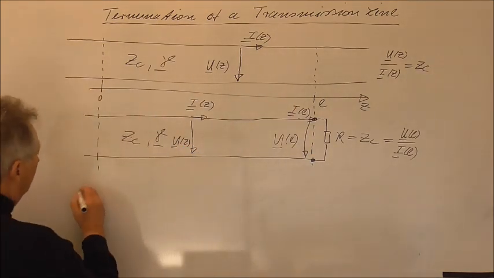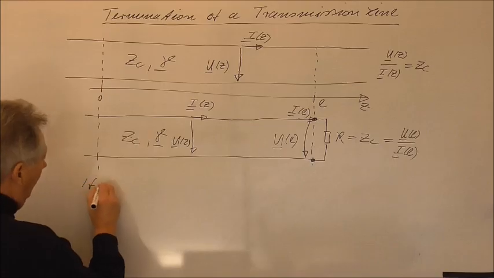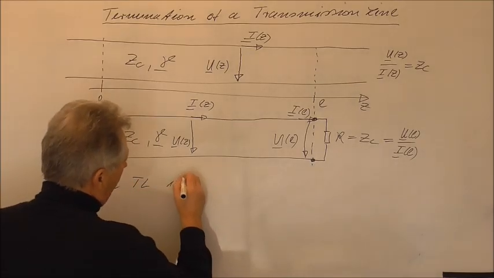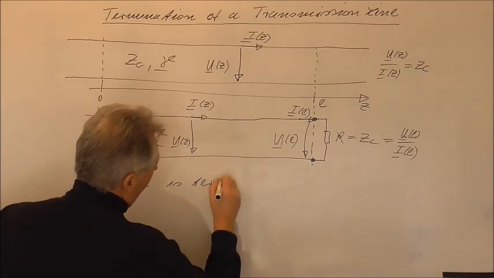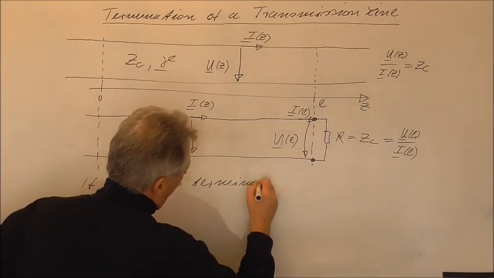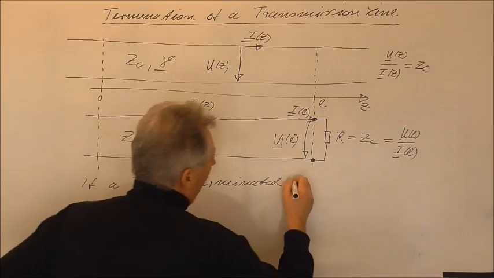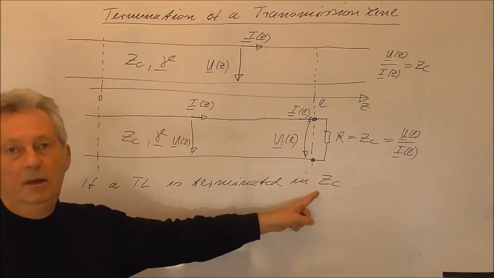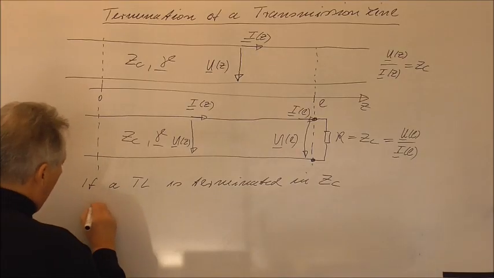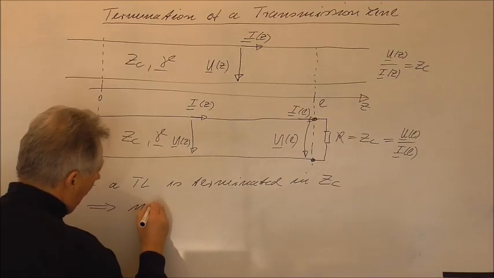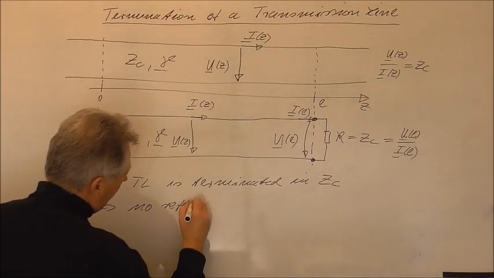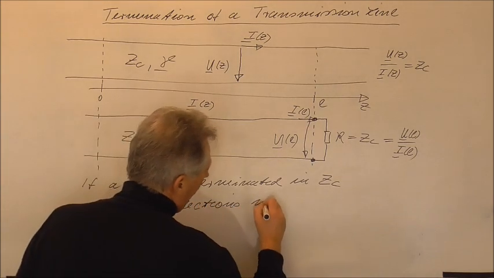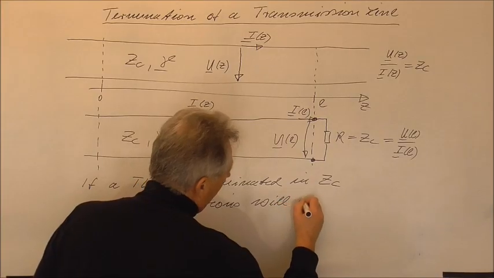So we can conclude, if a transmission line is terminated in its characteristic impedance Zc, no reflections will occur.